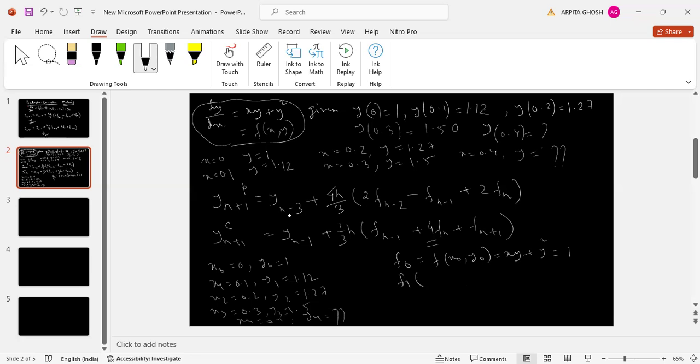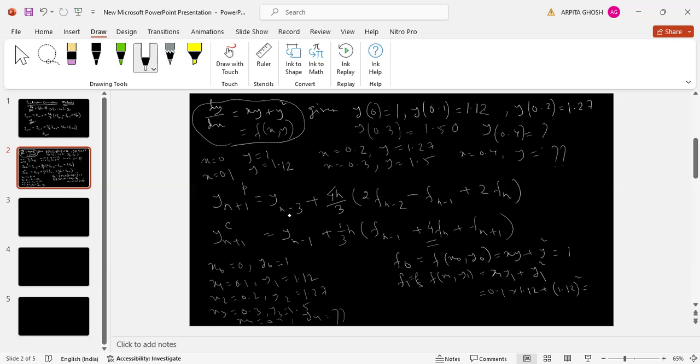Then f1, that is f at the point x1, y1. That means x1 into y1 plus y1 square. So x1 is 0.1 into y1, 1.12, plus 1.12 whole square. Value we have to find out.